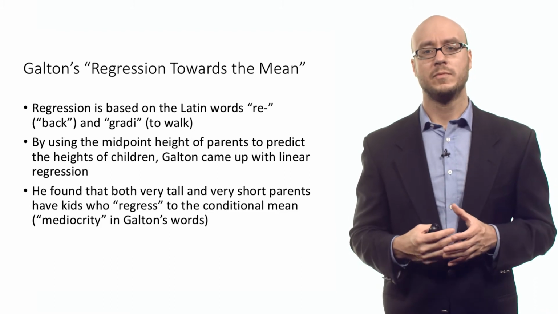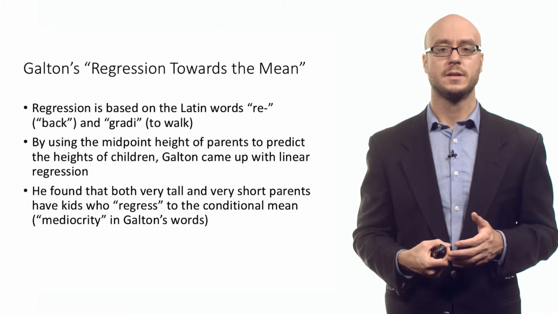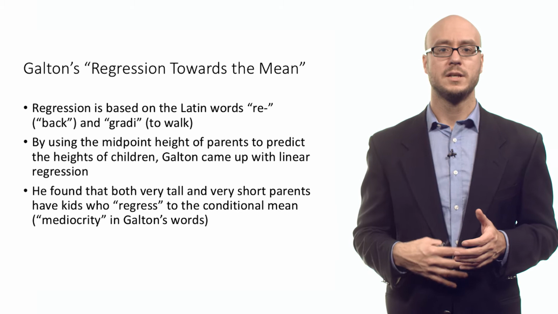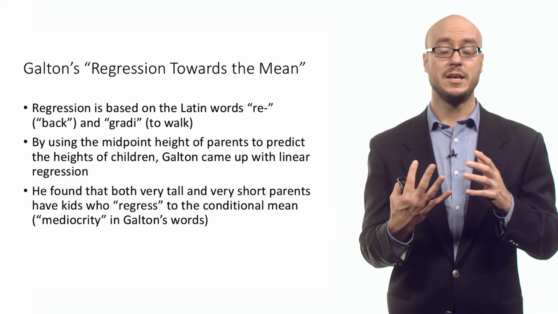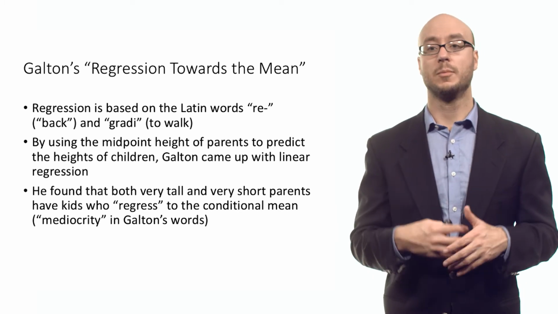And he found that if you have very tall parents or very short parents, then the kids will regress to the conditional mean, or mediocrity in Galton's words. To put it another way, if you have very tall parents, the children will be taller than average, but the children probably won't be as tall as his or her parents.